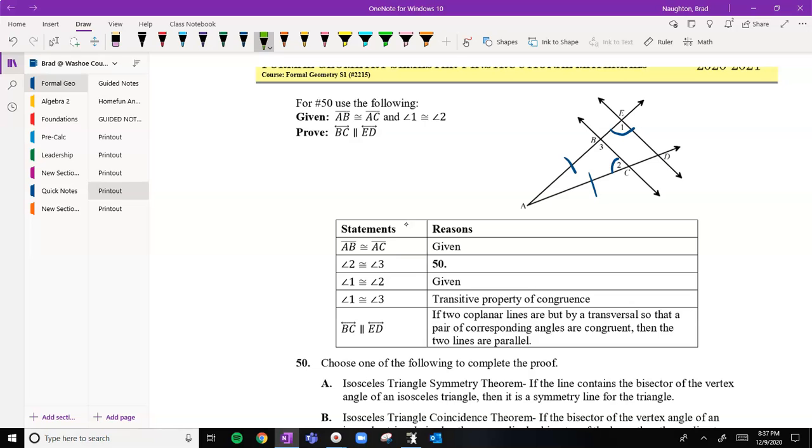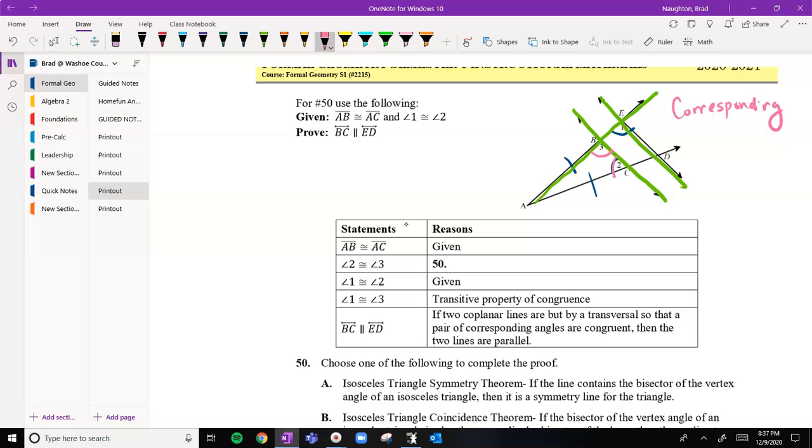If I'm going to prove that these two lines are parallel, it makes sense that 1 and 3 are leading us to the transversal I want to use. So I want to prove at some point that 1 and 3 are corresponding angles, because they definitely look like it.